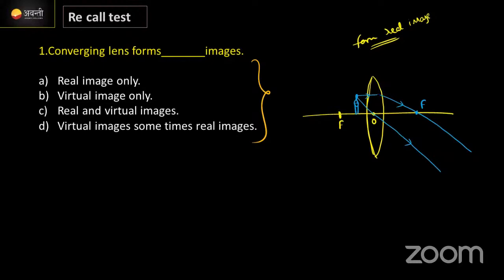Then what we need to do? We have to extend these two refracted rays backward. Then it creates an image of this object here. This image is a virtual one. That's why the converging lens forms real images as well as virtual images. Clear?